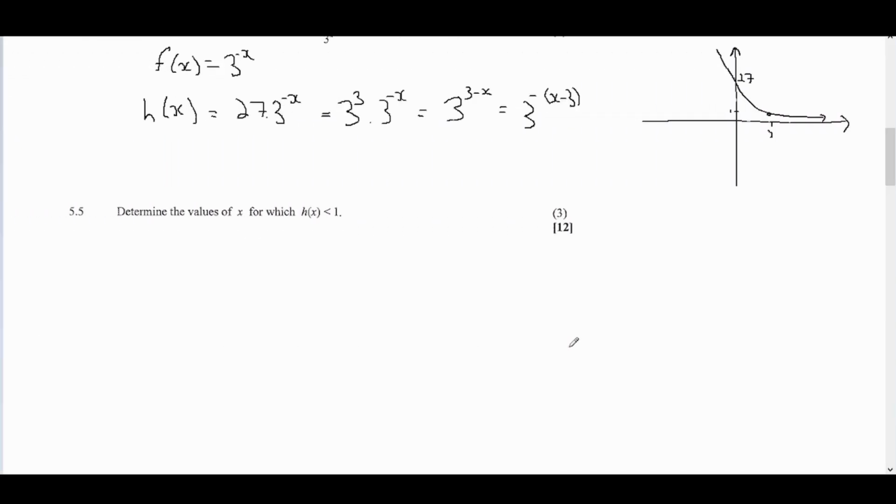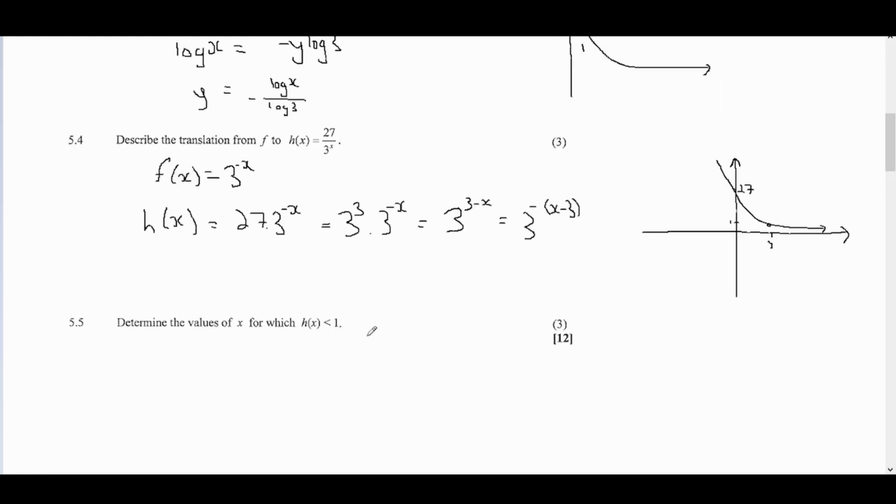Okay, then final question, determine the values of x for which h of x is less than 1. Okay, so I guess I can use this, so I am drawing here. Less than 1 would be all, so here's our 1, remember, so it would be all these values below this line, and you can see, because of the previous question, we know it's going to be at this point 3.